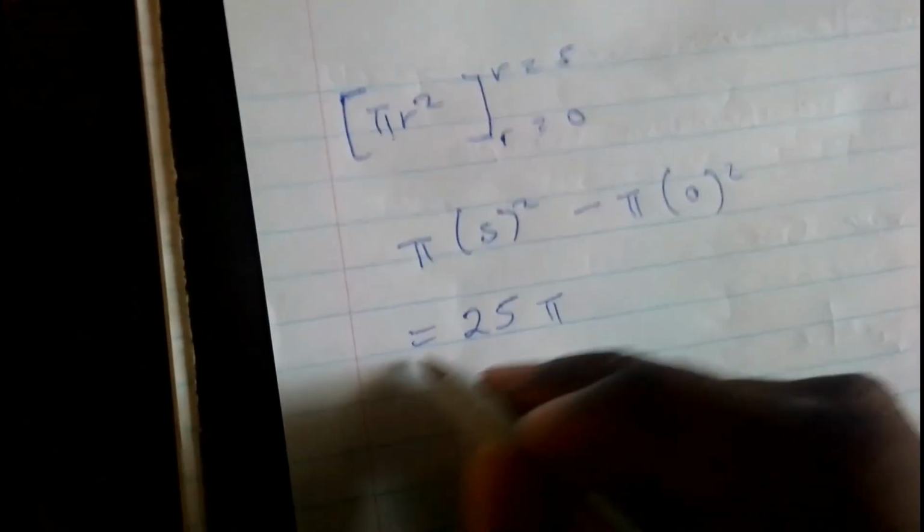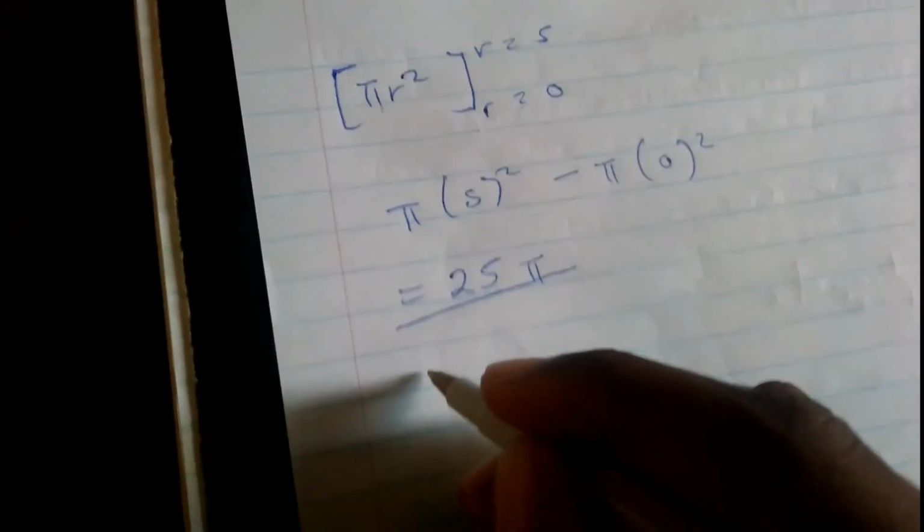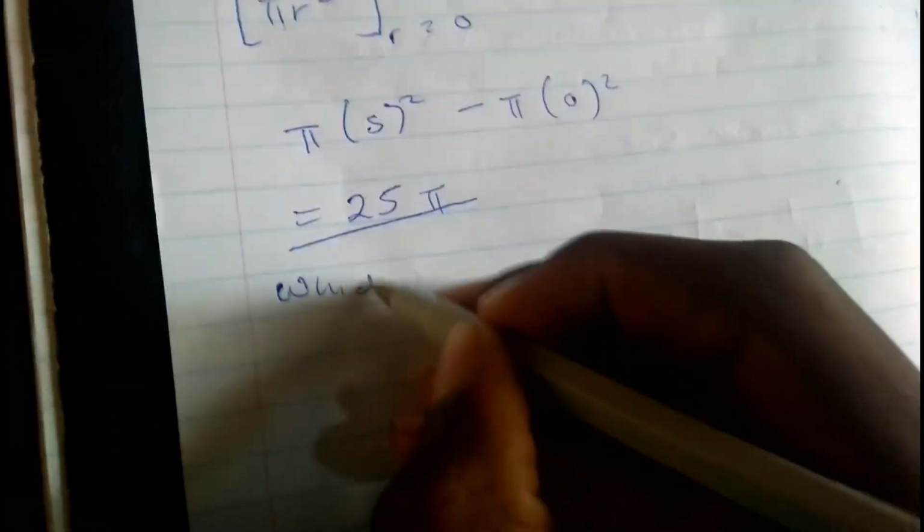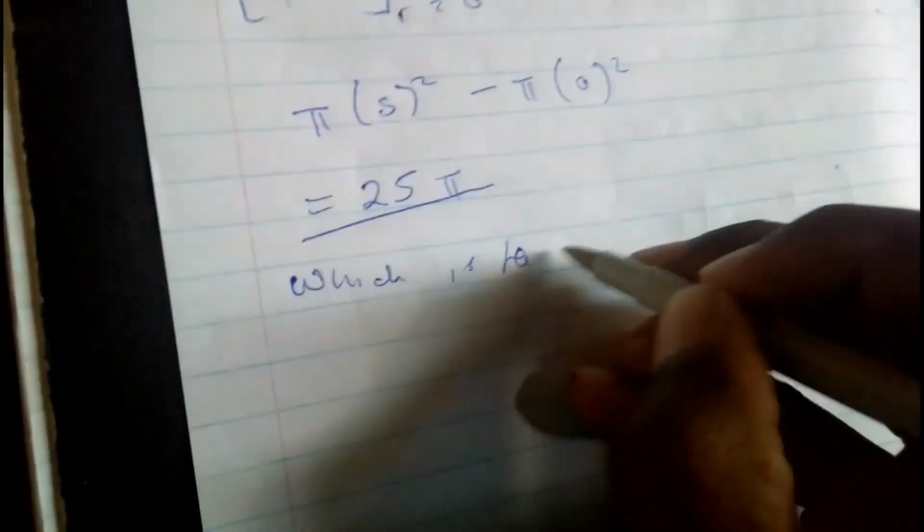And we got 25 pi. Let's compare if this is correct, since we know the radius of the circle is 5. Its area is pi r squared, which is pi times 5 squared, which is 25 pi, and which proves it's true.